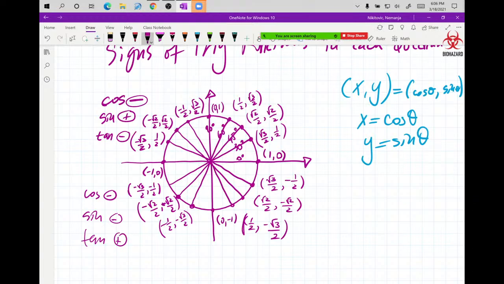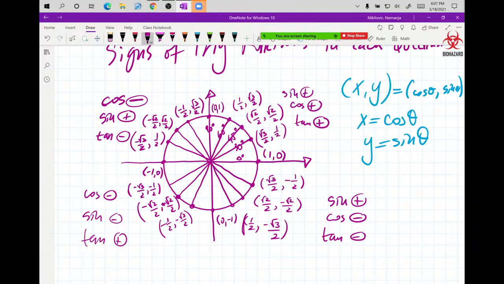The first quadrant, sine was positive, cosine was positive, and when you divide positive by positive, you still get positive, so tangent is positive. And finally, here, sine is positive, cosine is negative, and when you divide positive and negative, you get negative tangent.